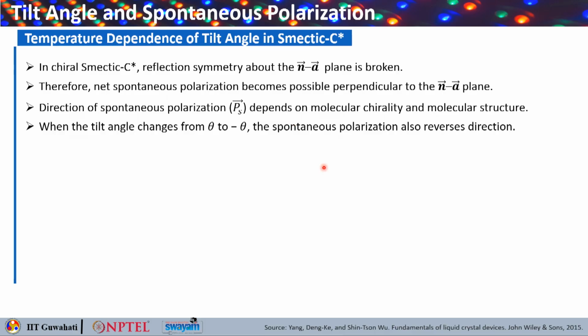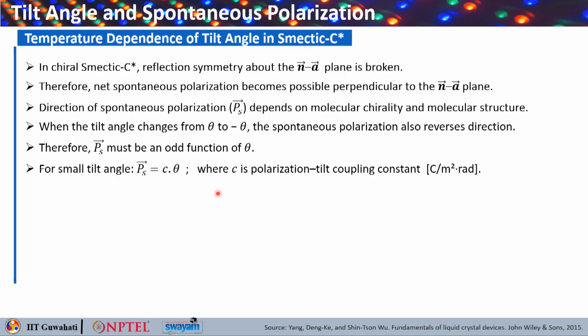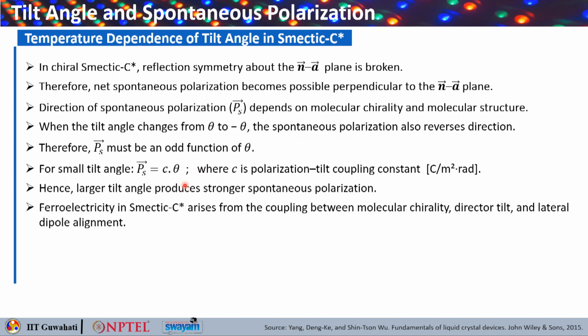What if the tilt angle changes from theta to minus theta? The spontaneous polarization will also change its direction. So you can say that spontaneous polarization PS must be an odd function of theta. Here the small c is the polarization tilt coupling constant, which has a unit of coulomb per meter squared per radian. A larger tilt angle theta can produce stronger spontaneous polarization, which is obvious from this equation.